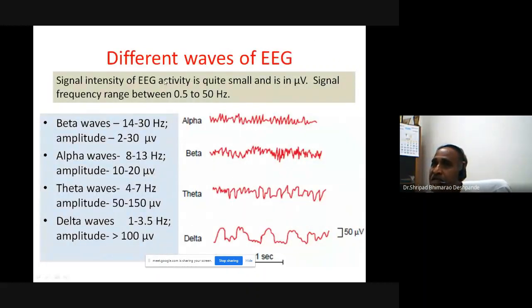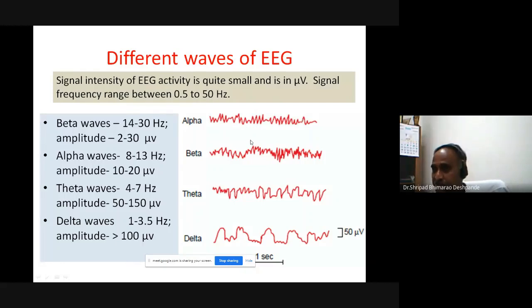The signal intensity of the EEG activity is very small. That is why our recording amplifiers have very high amplification. It is recording in microvolts. The frequency of the waves ranges from 0.5 to 50 hertz.